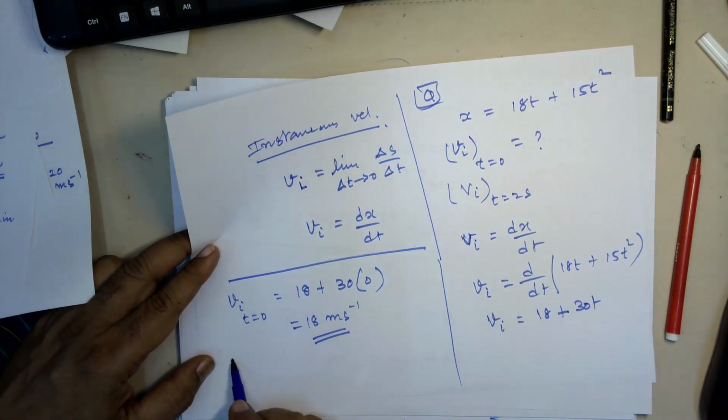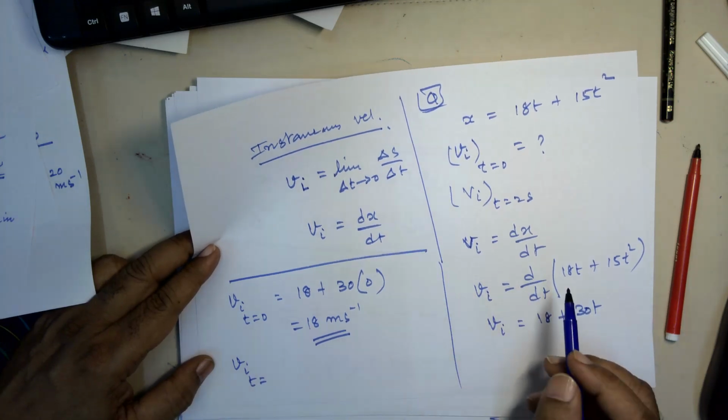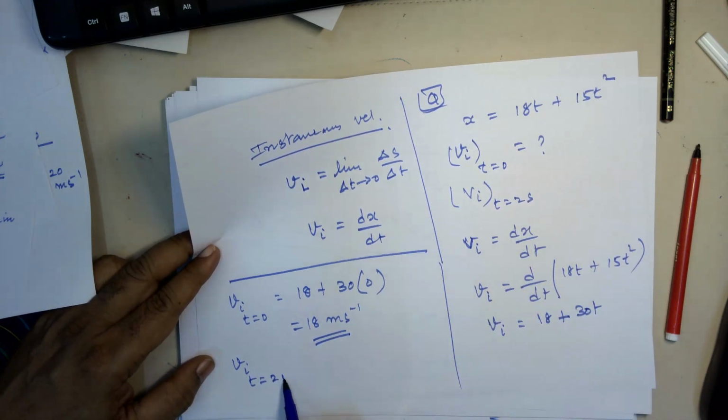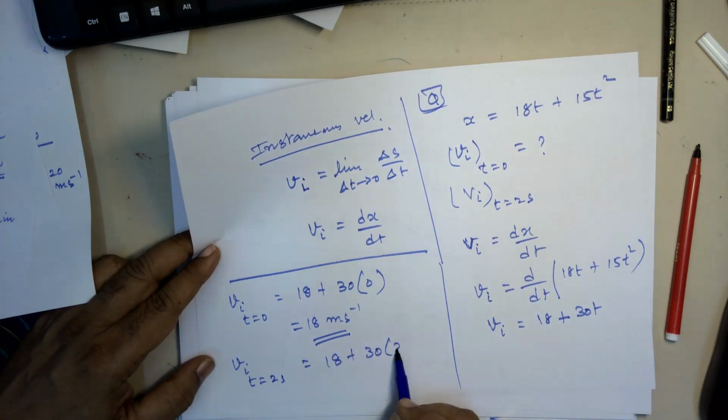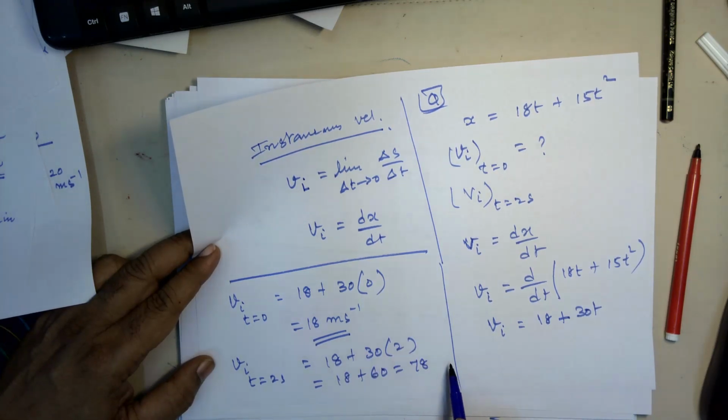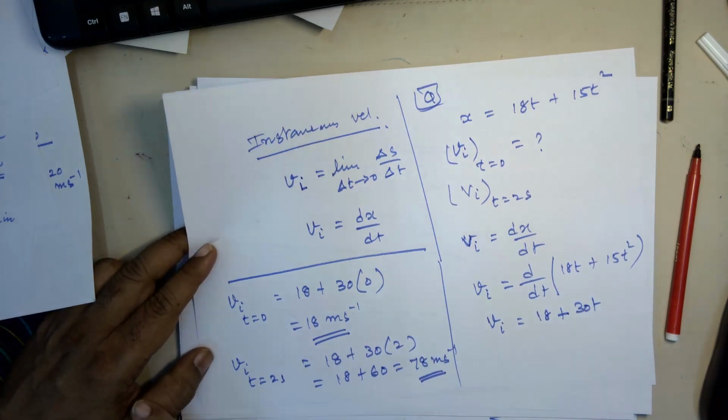Now next one: Vi when t is equal to 2 seconds. In that case, 18 plus 30 into 2. So 18 plus 60, that is equal to 78 meters per second. Okay. Got this?